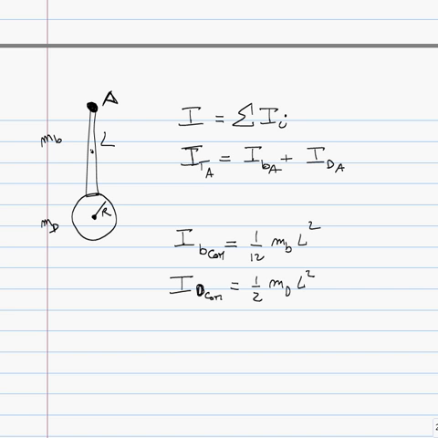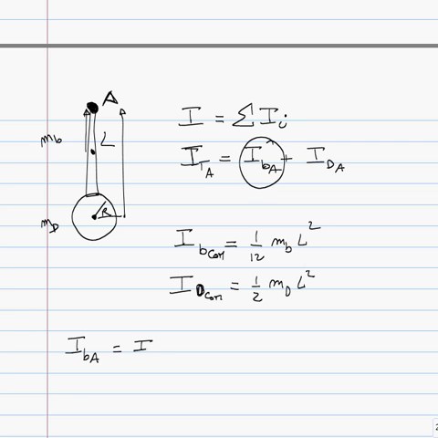But really, I want the moment of inertia about this point, not about those two points. So first, I will need to translate from here to here for the bar, and then for the disk, I will need to translate from here all the way up to here. So let's do the first translation. I want the I of the bar about A, and I happen to know the I of the bar about its center of mass.